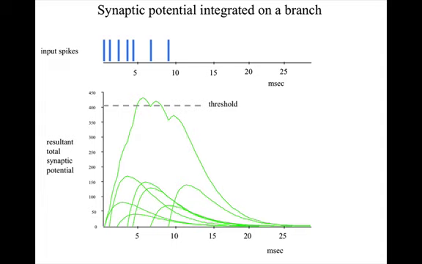So you have to have enough action potentials arriving within a fairly short period of time to get to that threshold. In other words, you can effectively define an integration window in time. If enough spikes arrive on the same branch, the dendritic branch will produce an output, provided the spikes arrive within one integration window.